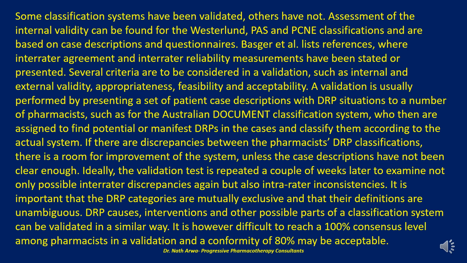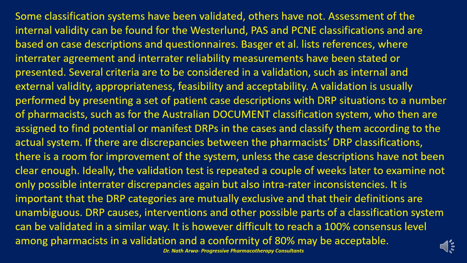A validation is usually performed by presenting a set of patient case descriptions with drug-related problem situations to a number of pharmacists, such as for the Australian document classification system, who then are assigned to find potential or manifest drug-related problems in the cases and classify them according to the actual system. If there are discrepancies between the pharmacists' drug-related problem classifications, there is room for improvement of the system, unless the case descriptions have not been clear enough. Ideally, the validation test is repeated a couple of weeks later to examine not only possible inter-rater discrepancies again, but also intra-rater inconsistencies.